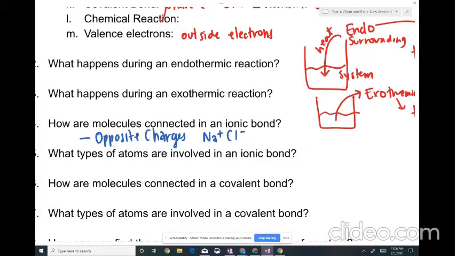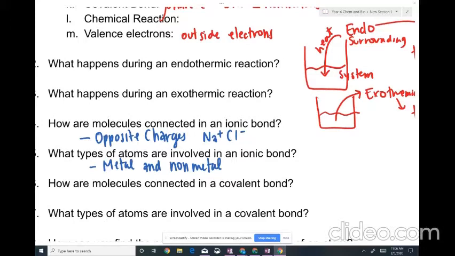The types of atoms involved are a metal and a nonmetal. And again, you can tell this.